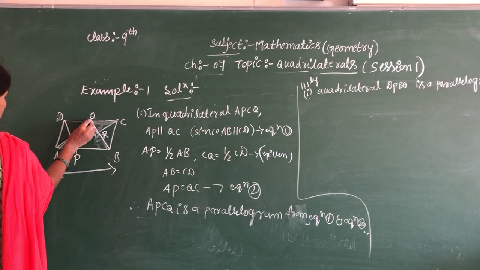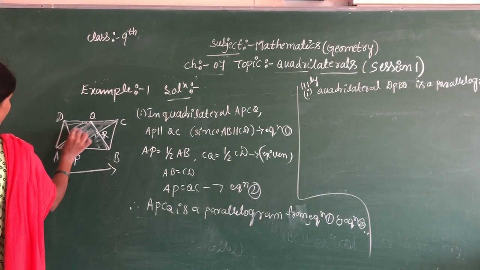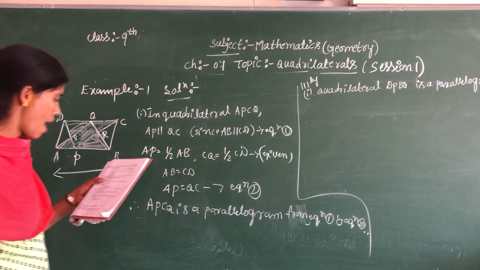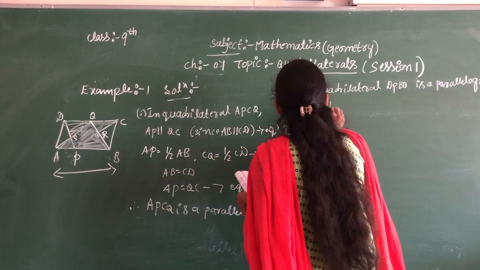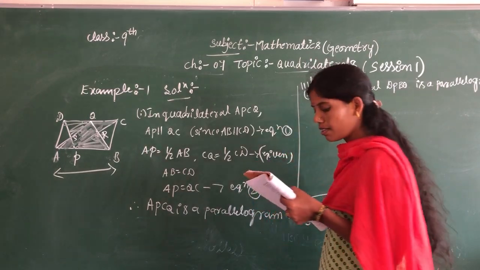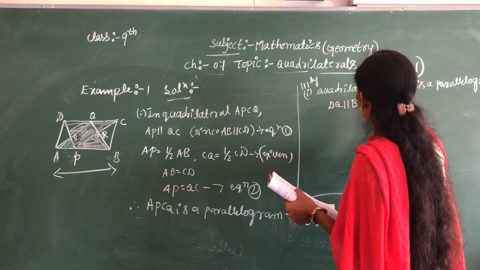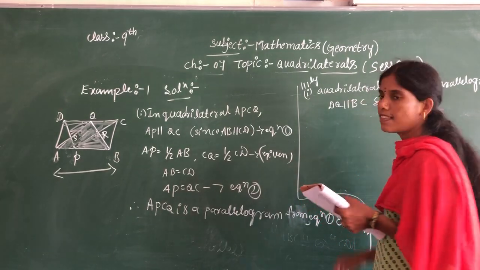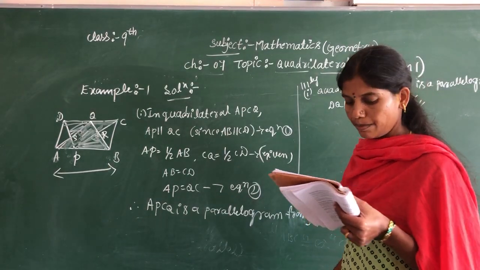This is one of the parallelograms. DQ is parallel to BP. This is common, and DQ is equal to BP. Hence, by Theorem 7.8.